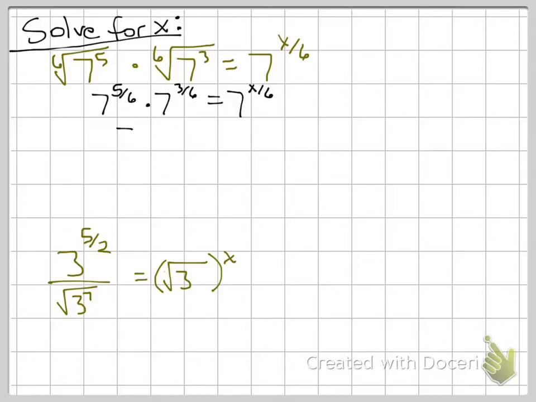So I could make this left-hand side 7 to the 5/6 plus 3/6 equals 7 to the x over 6. So, what's x? 5/6 plus 3/6 is 8/6, so x just turns out to be 8.